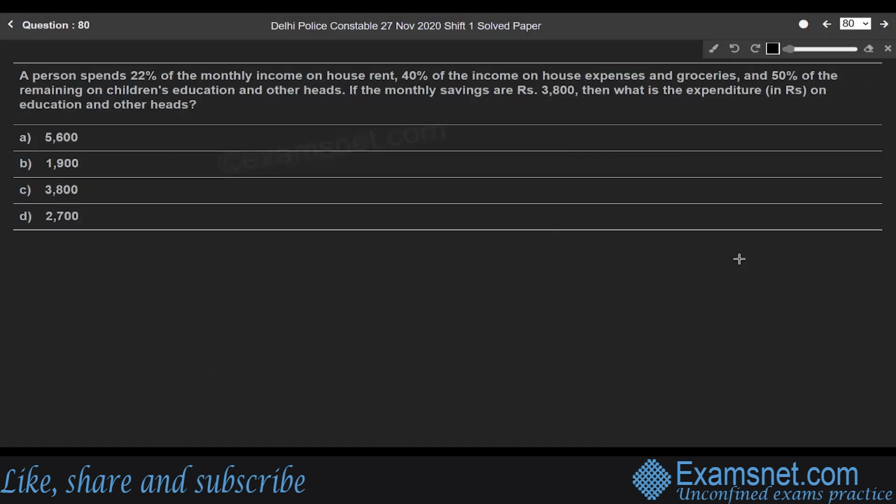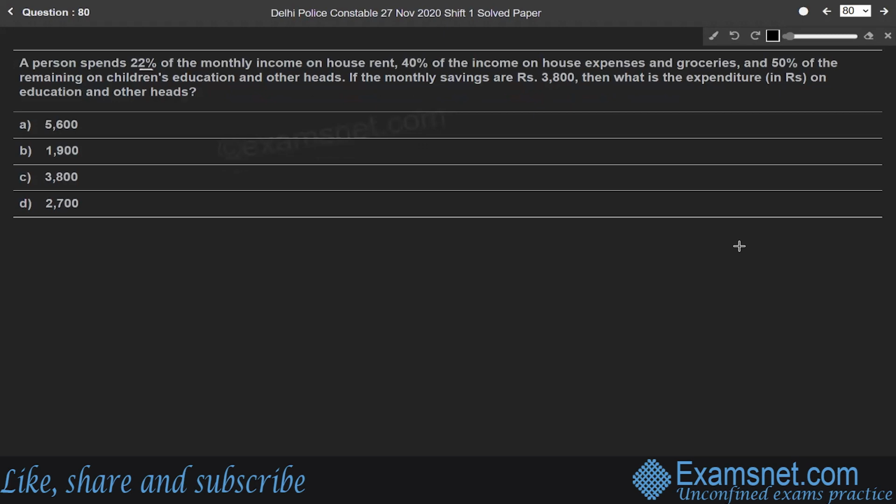Question 80. A person spends 22% of the monthly income on house rent, 40% of the income on house expenses and groceries, and 50% of the remaining amount on children's education and other heads. If the monthly savings are 3,800, then what is the expenditure in rupees on education and other heads?